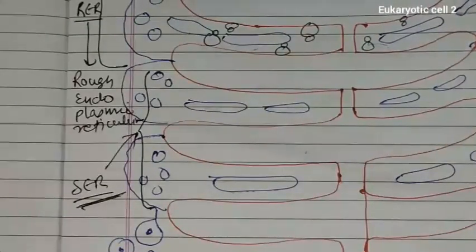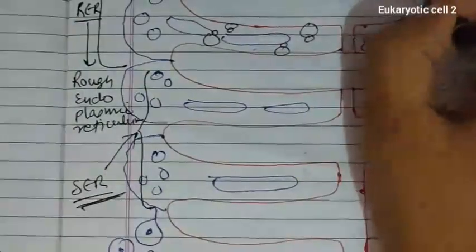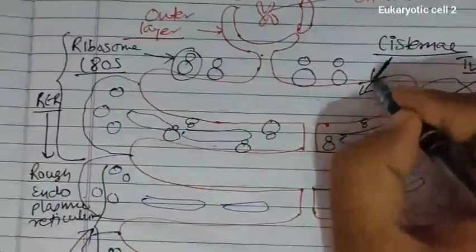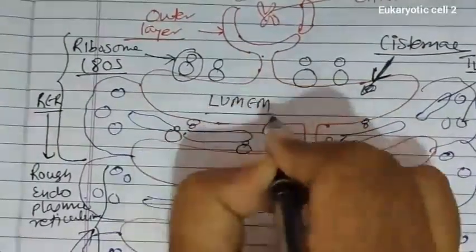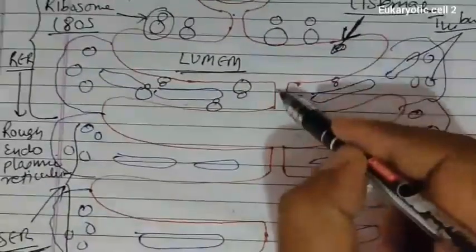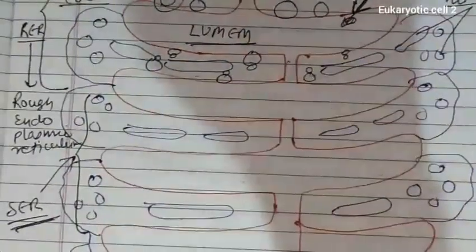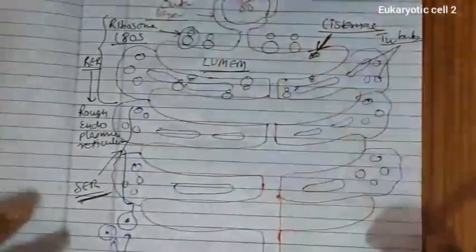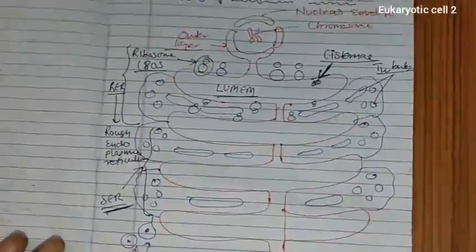Okay, so this way particular structures are associated, and this consists of three structures, that is cisternae, tubule, and vesicle. Now this is a cisternae, and this space is known as lumen. The space which is present within the cisternae is named as lumen, and through this way one cisternae is connected with another cisternae. So I hope you are getting a clear picture of this endoplasmic reticulum in this way.